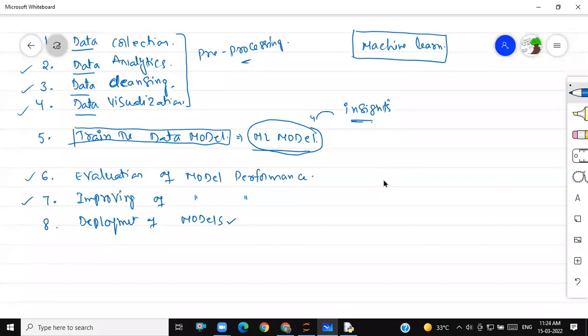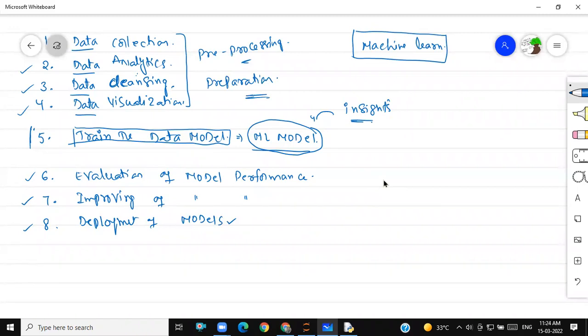Out of these 8 steps, only one step is done by the machine. All the remaining 7 steps we have to do. Data collection, data analytics, cleansing the data, data visualizations, all these are data preparations, guys.